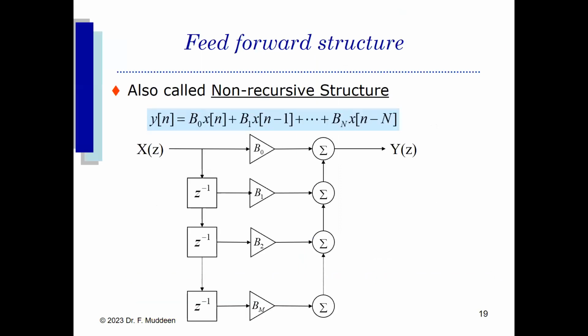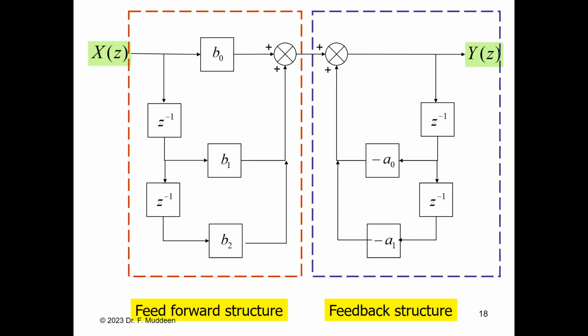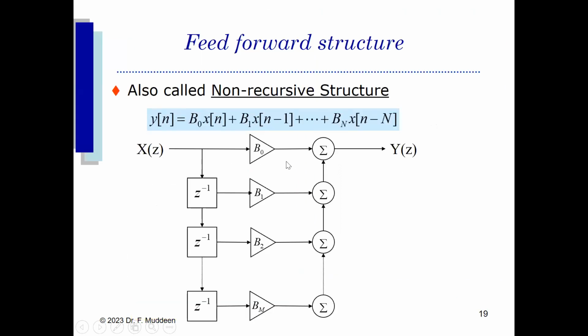Right. The feed forward path, in other words, this bit here, the feed forward structure, and here I've changed the symbol back, so I'll be using both of them, using a triangle for the gain instead of that.